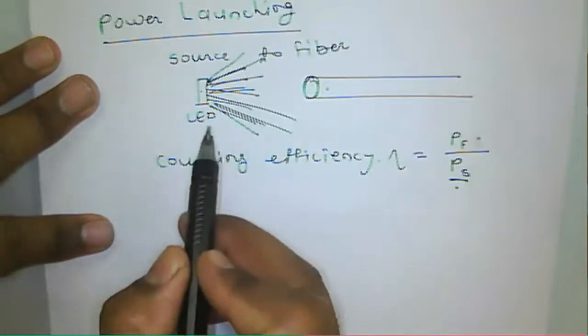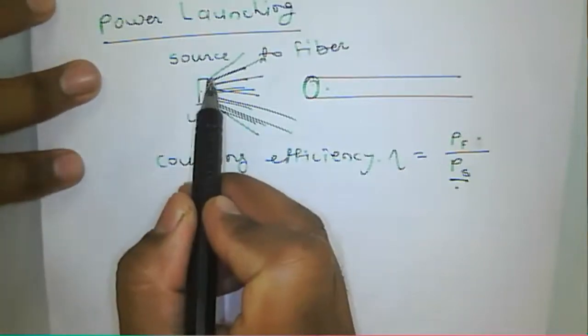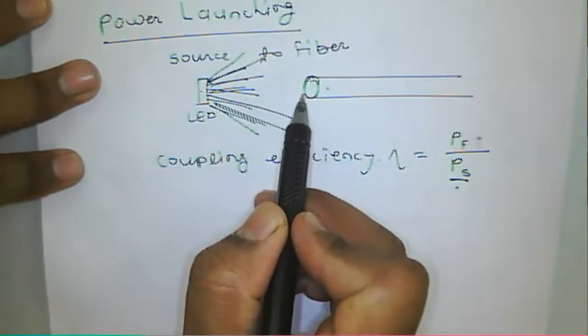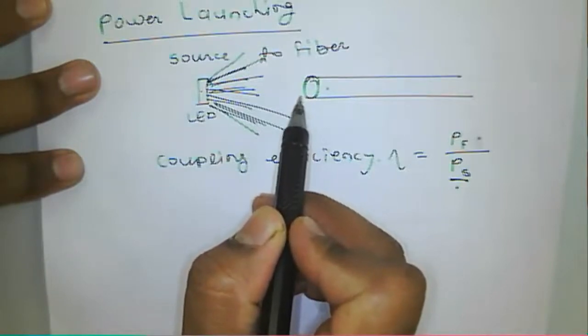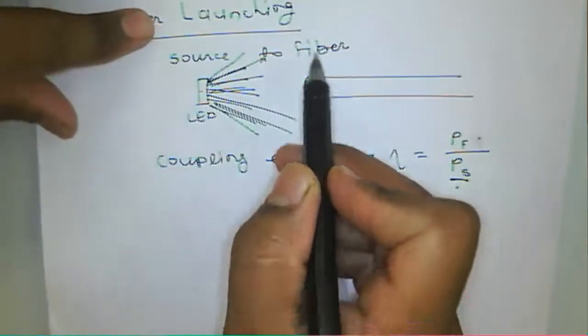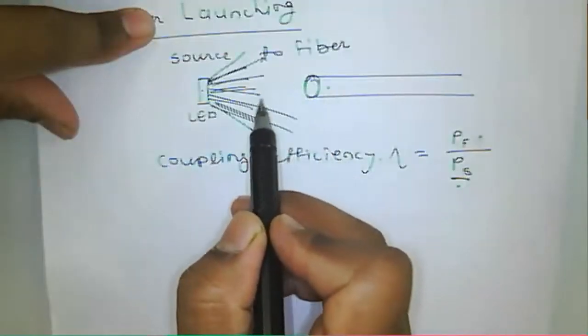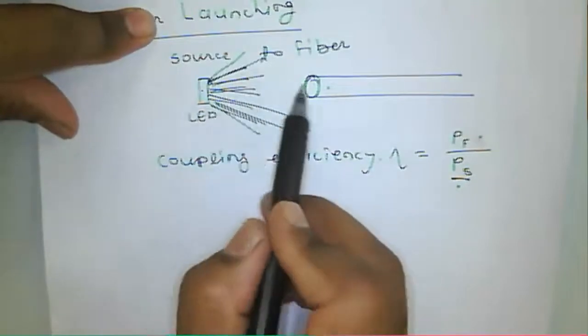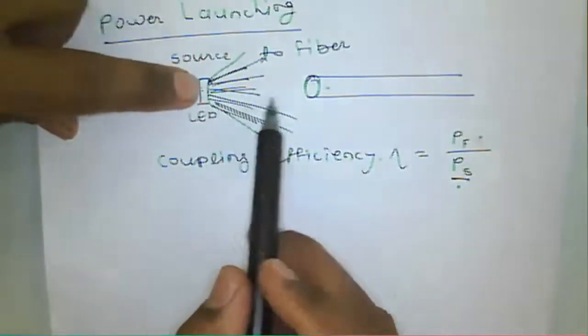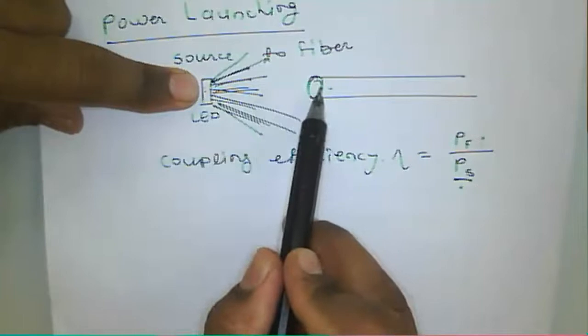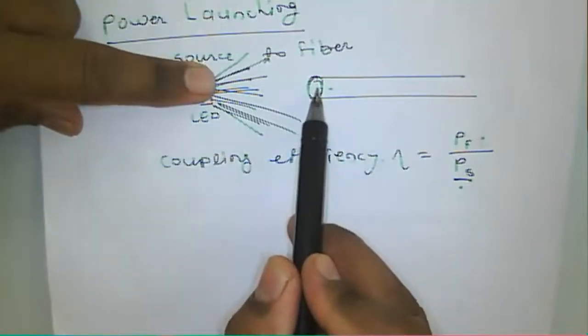Now, the power launched inside the fiber depends upon what type of fiber we are using. That's why we should know the various coupling mechanisms. Now say the source and fiber are on axis.